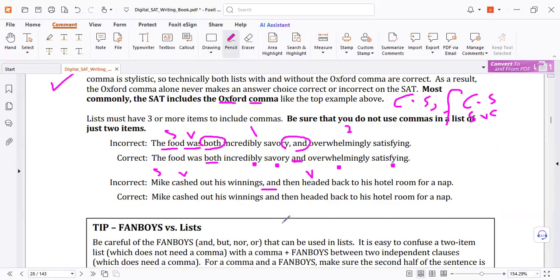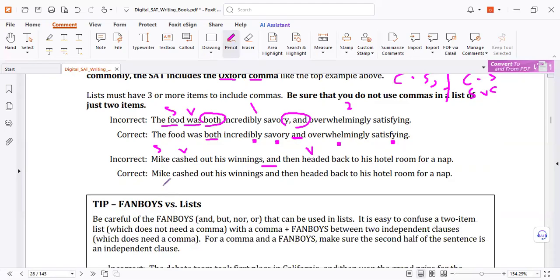So like that. And we call it in English a compound predicate. One subject did two actions. So you have "or", you have "but", it depends on the writer. Who headed? Mike. Who cashed? Mike. So why should I repeat the subject? So delete the comma. Very important.